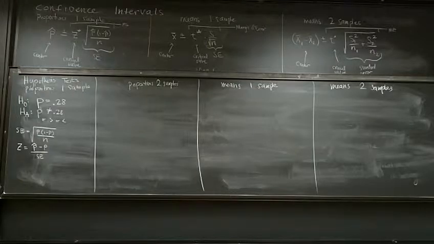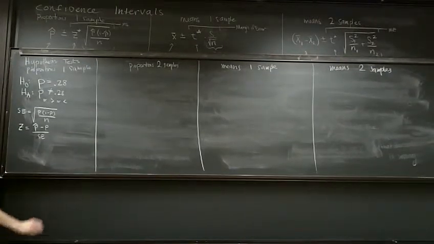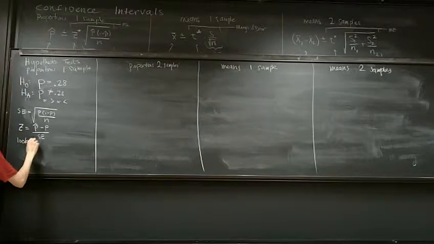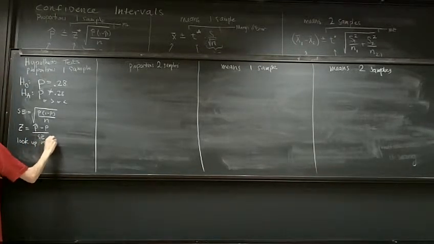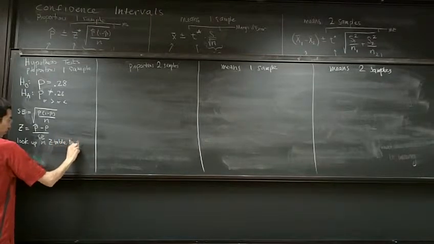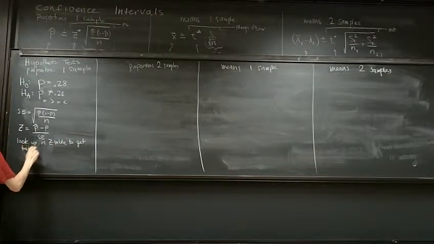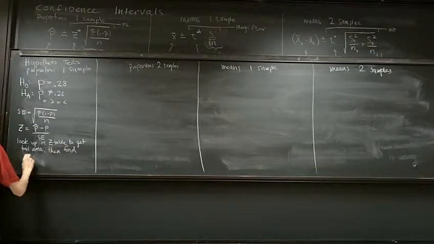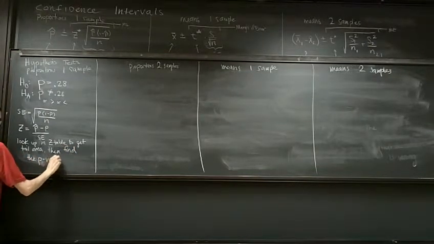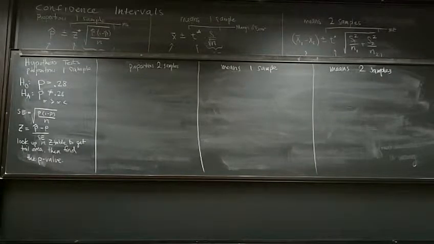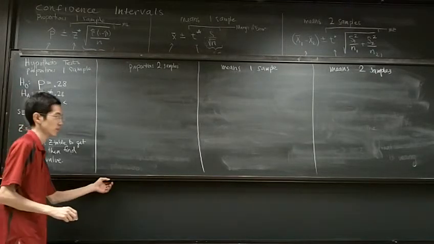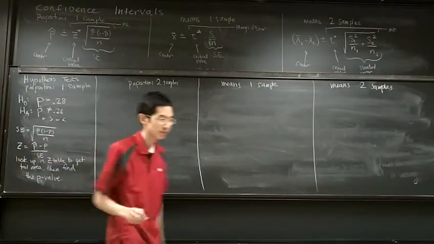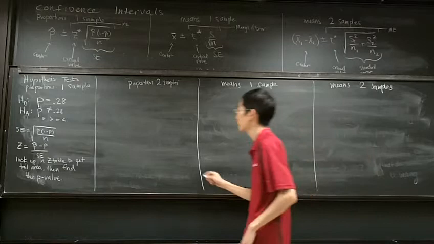Once you get your z-score, you look up in the z-table to get your tail area, which you use to find your p-value. Is that okay? Can I move on? Alright.